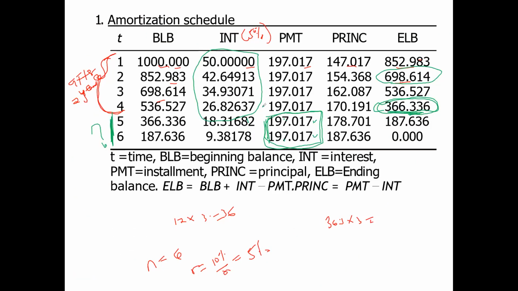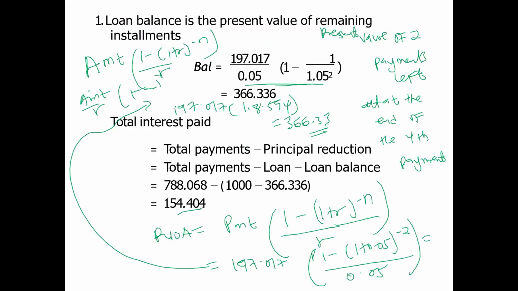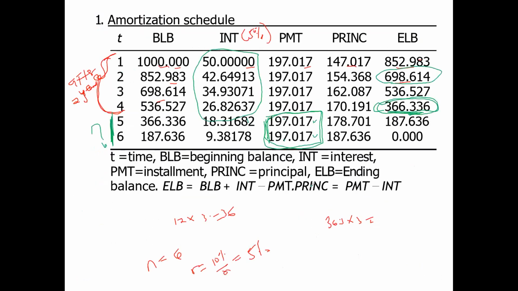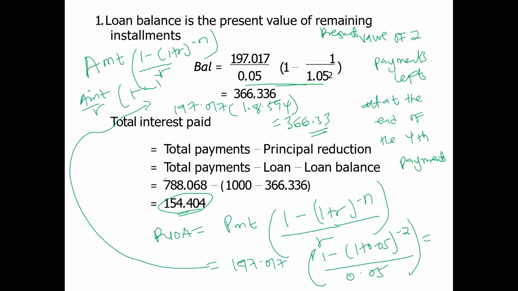So when you add this interest, you get the 154. You can get it straightforward. Or you can use the formula they've done. The total payment you would have made means that you add everything here, that's the total payment, you get 788, minus the loan itself, minus the loan balance.